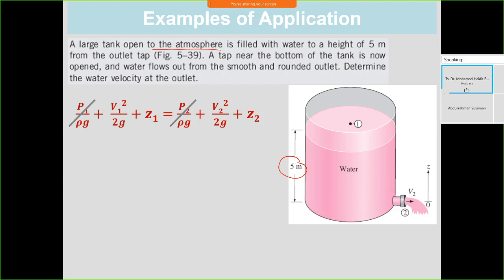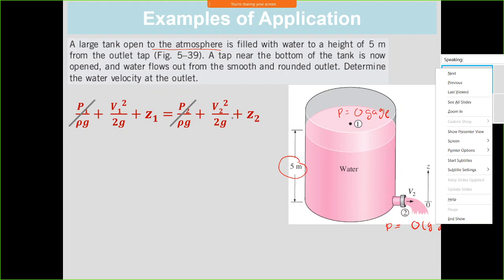In the first part it is open to the atmosphere, so P equals 0 gauge. So you can cancel the pressure part. At point 2, it is also open to the atmosphere, so P equals 0 gauge. That's why you can cancel this part.